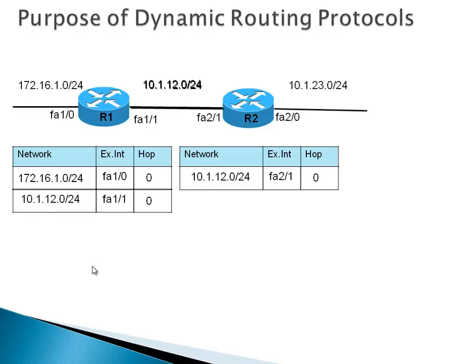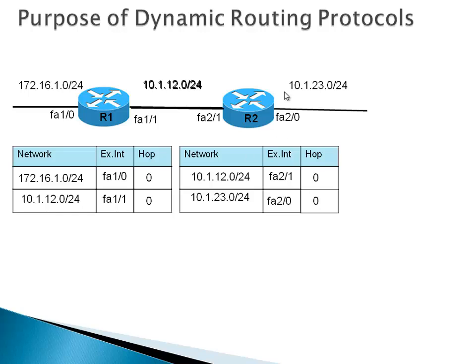Router 2 has another connection to another network through another interface, FA2/0, and the network is 10.1.23.0/24. So I'm going to add that to the table. Okay, that's 0 hops away as well.